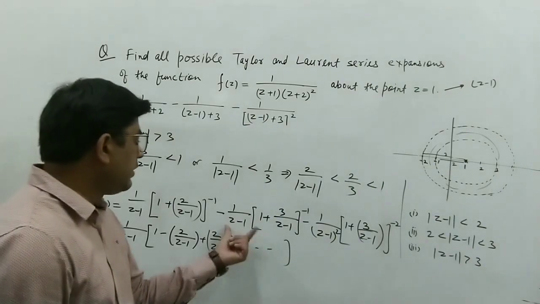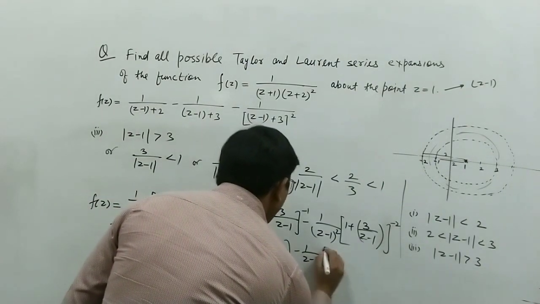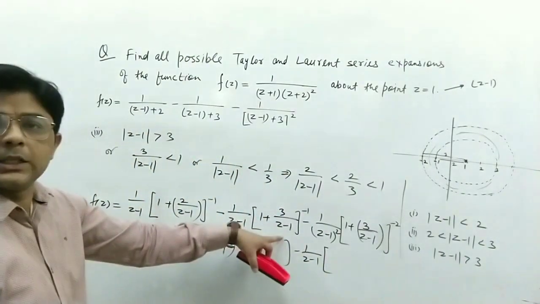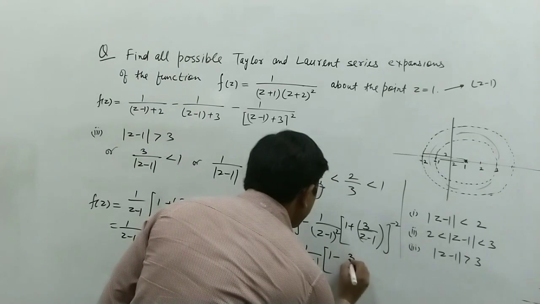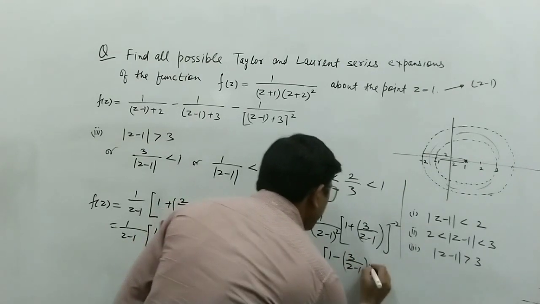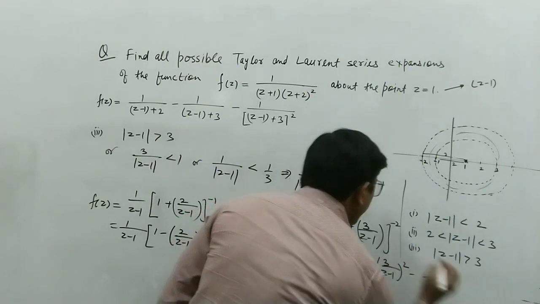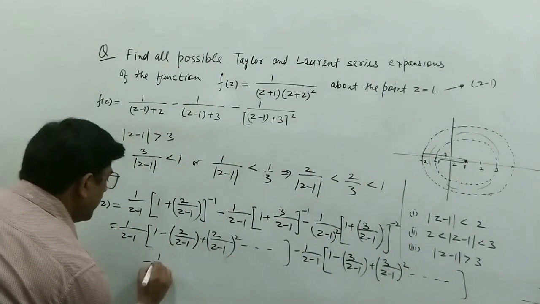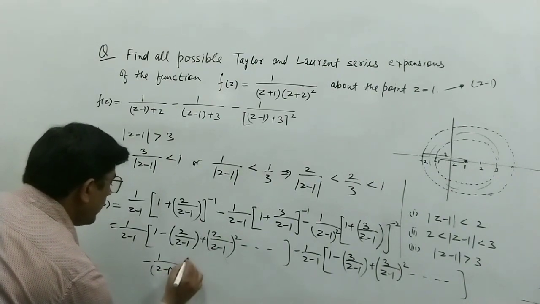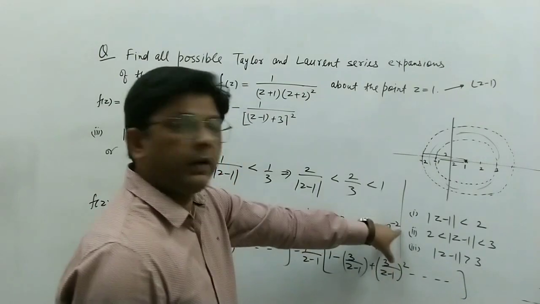In the second expansion, we have here minus 1 upon z minus 1. So when we expand, this will be equal to 1 minus 3 upon z minus 1 plus 3 upon z minus 1 square, and so on. And the third is minus 1 upon z minus 1 square outside, and we expand 1 plus x to the power minus n.